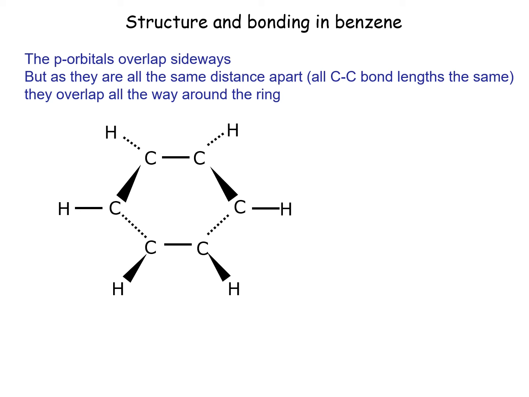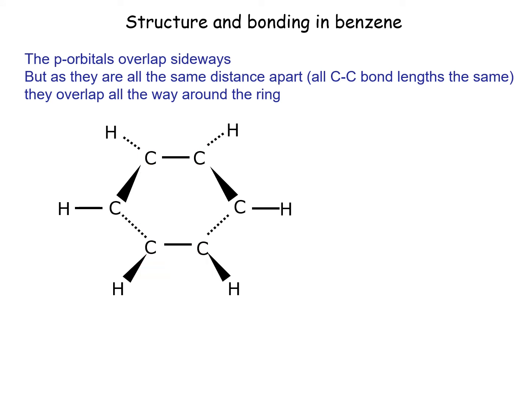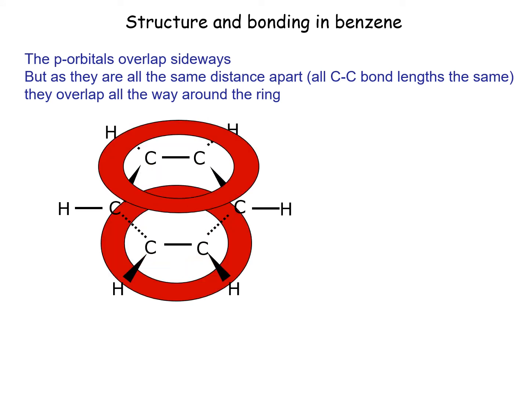So where we might expect just 2 carbon p orbitals to overlap normally, here, because they're all the same distance apart, they're all going to overlap with each other. So we end up with this area of overlap right around all 6 carbons.